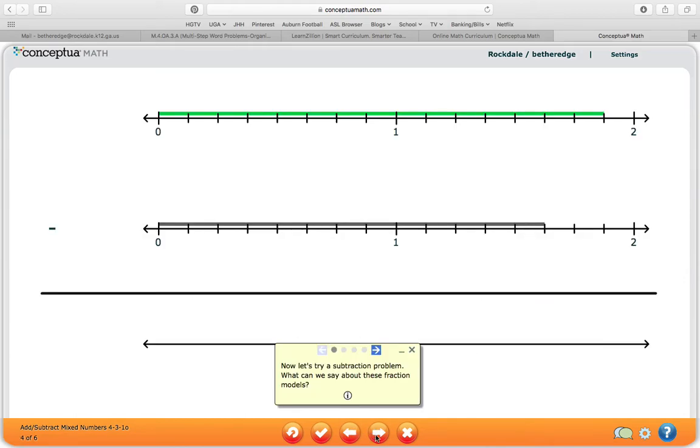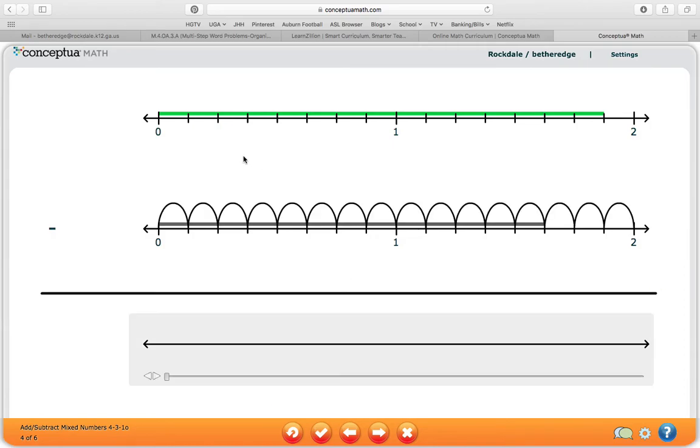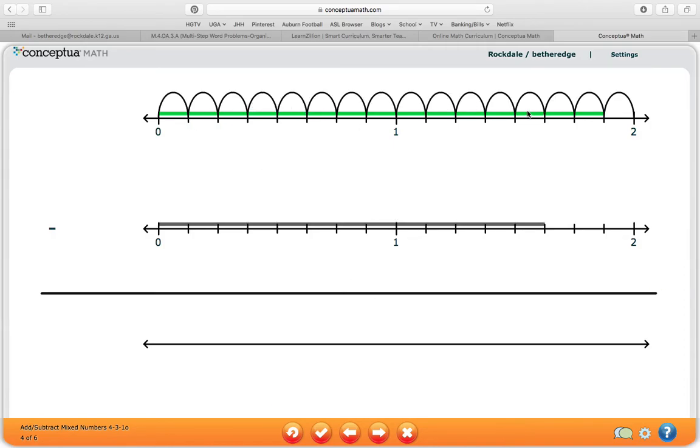Okay, let's look at a subtraction model. And this time for the subtraction, they're showing me a different kind of model. We're looking at a number line example. Again, I want to check and see how many sections, or how many jumps, this number line is broken up into. It also shows you over on the side in Conceptua, a little 8 pops up.